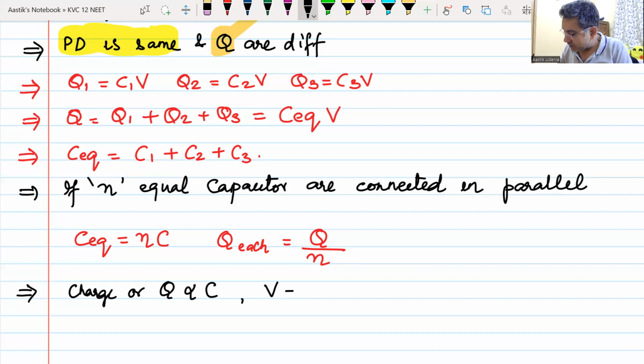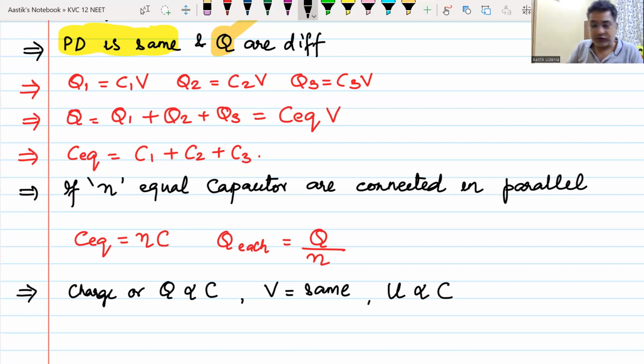The potential V across each capacitor is the same because they are connected in parallel. The energy in each capacitor will be proportional to C.